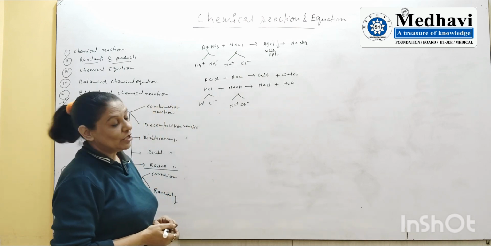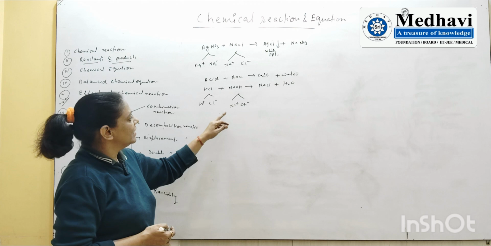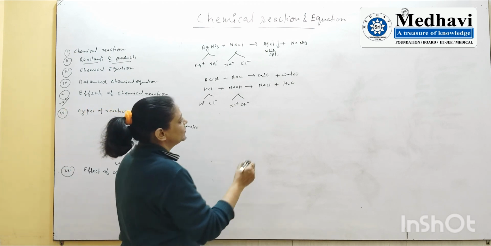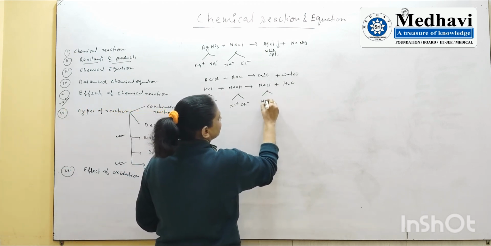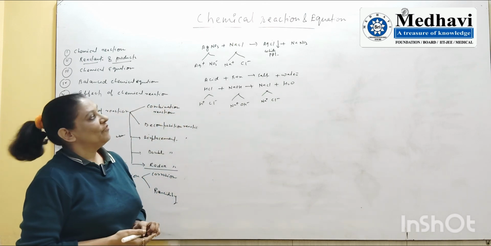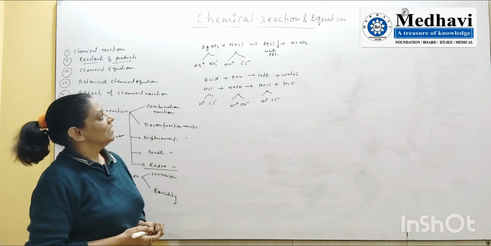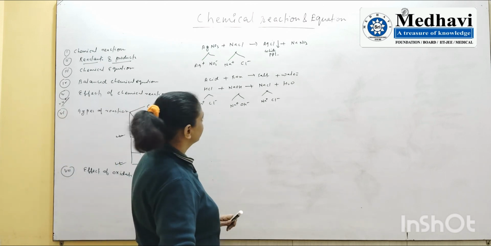This is a type of neutralization reaction, but we can say it is also a double displacement reaction, because here exchange of ions takes place and it gives Na plus and Cl minus. So this is an example of a double decomposition reaction where two salts are taken and exchange of ions takes place between the two salts.